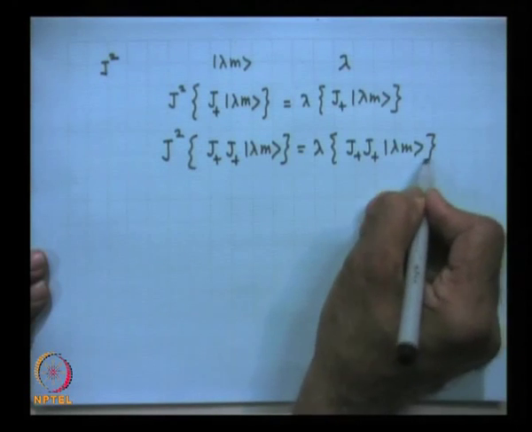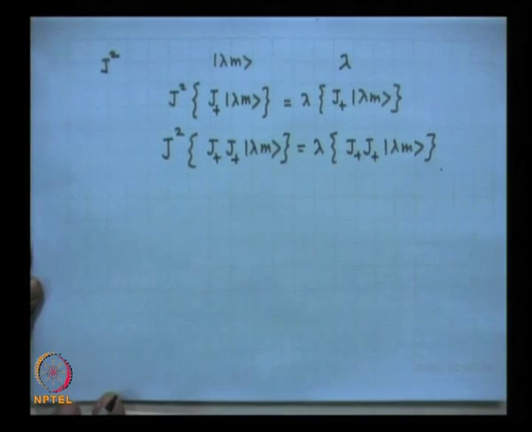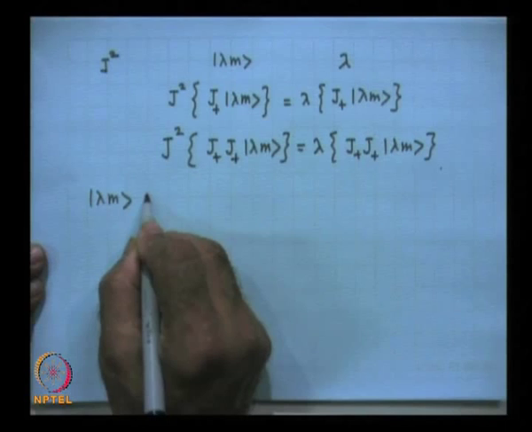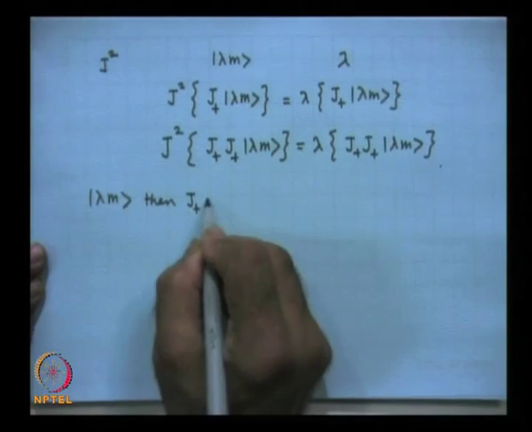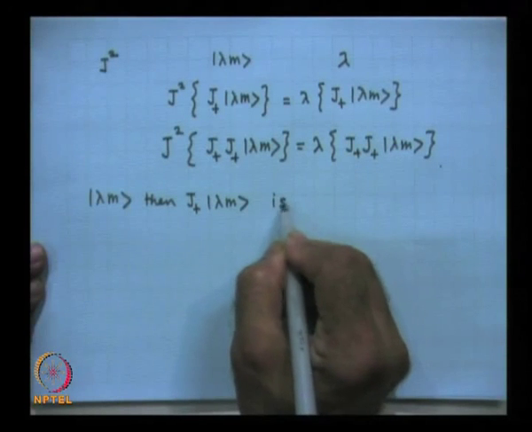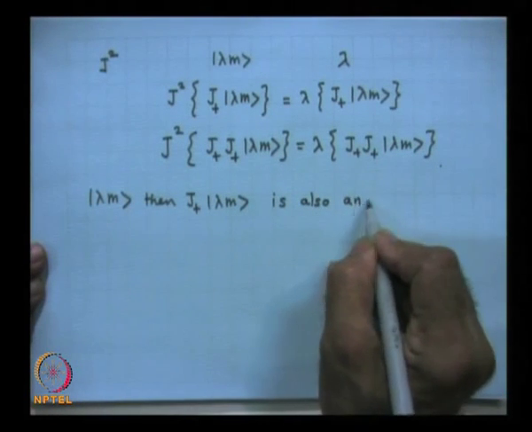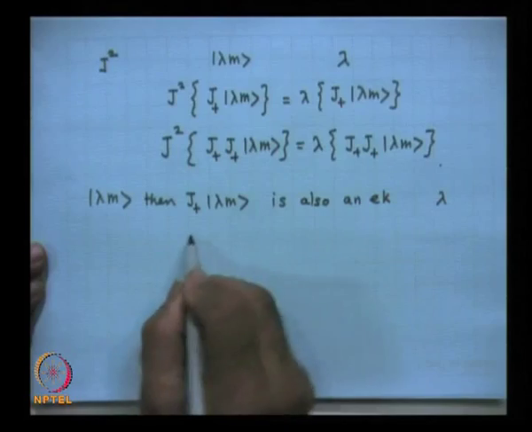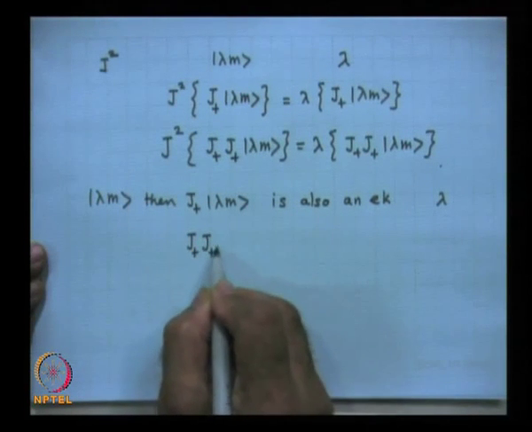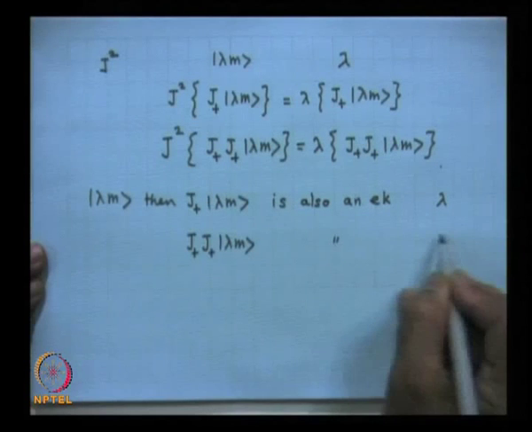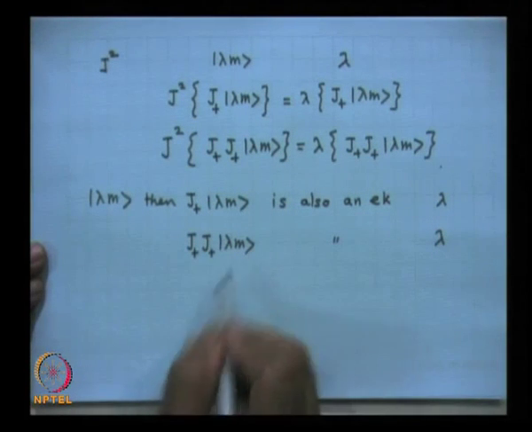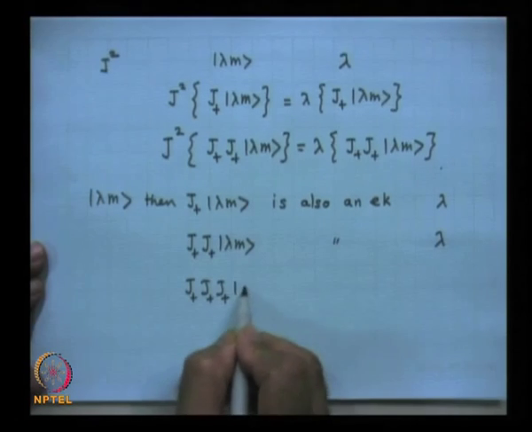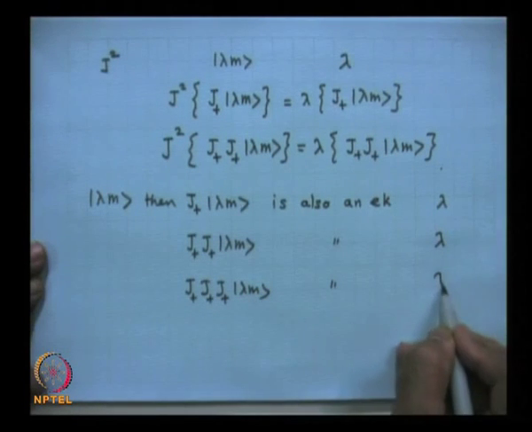So, we must expect degeneracies. So, if ket lambda m is an eigenket, then j plus ket lambda m is also an eigenket belonging to the same eigenvalue lambda, provided it is not a null ket.